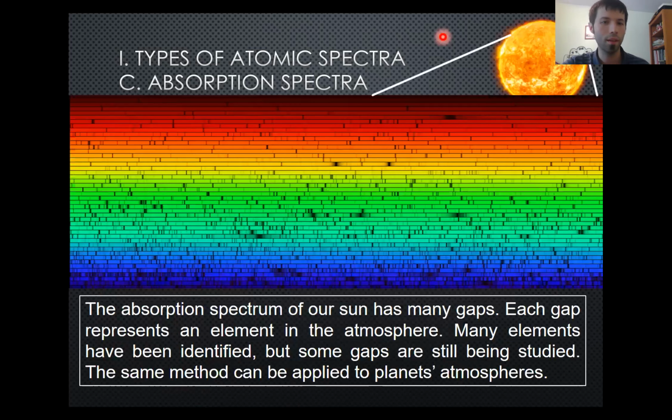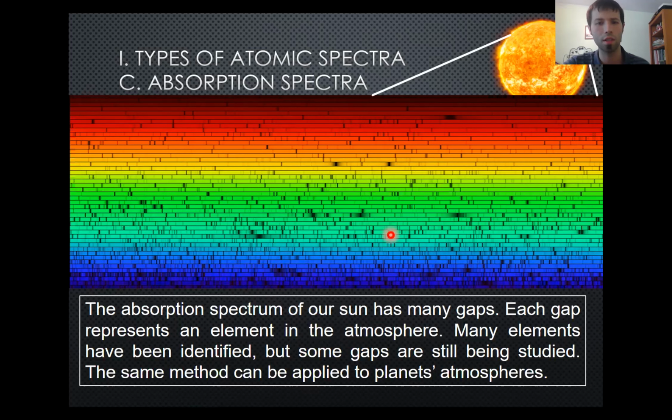And actually here, this is the sun's absorption spectra. So right now you're seeing the rainbow. This is the entire rainbow, except there's lots of shadows, lots of gaps here. And if you were to ask me what each one of these gaps were, I couldn't tell you. But I can tell you that hydrogen and helium have both been identified in here. But these gaps are more than just hydrogen and helium.